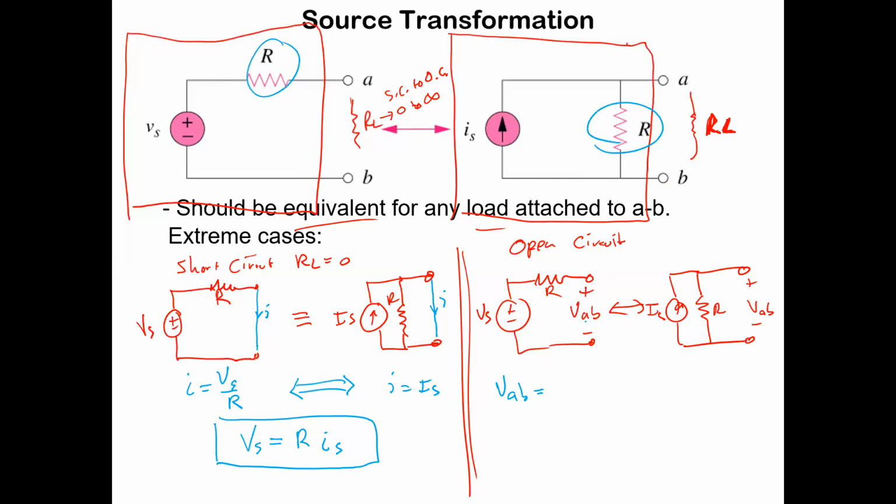Is VAB a supply voltage? Well, it's the voltage, like if you hook up your voltmeter to those terminals A and B, what would you read? What would you expect to read? Mark? VS. Matthew, what do you think? Well, I feel like it's zero. It's zero because there's no current flowing.